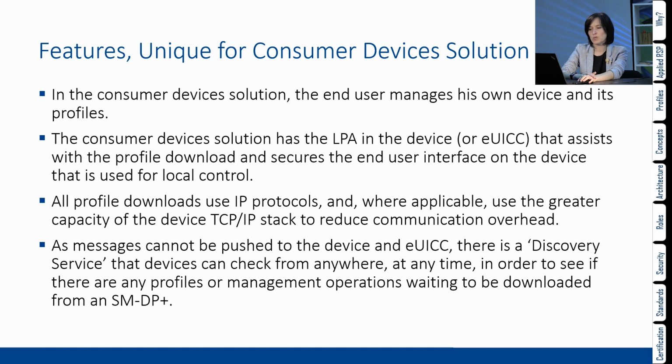As messages cannot be pushed to the device in the eUICC, there is a discovery service. The devices can check from anywhere at any time to see if there are any profiles or management operations waiting to be downloaded from the SM-DP+. Do you remember the discovery service? Sometimes on the first boot up, we check for profiles waiting for download. This is unique for the consumer devices solution.